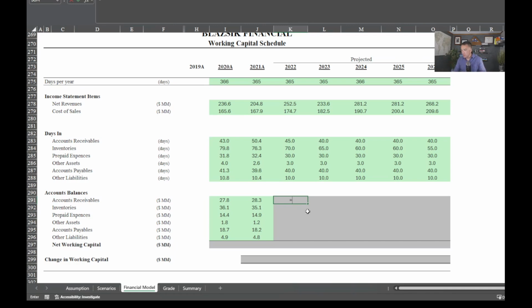I'm going to go to accounts receivable and I'm going to multiply that times revenue, right? That times that will give me a balance. So if you're finding balances, I'm going to multiply those two numbers. Since I multiply them, I will divide by days. Easy to remember. If I'm dividing to find the percentage days in, I multiply times days. If I find the balances, I multiply those two numbers and I divide it by days.